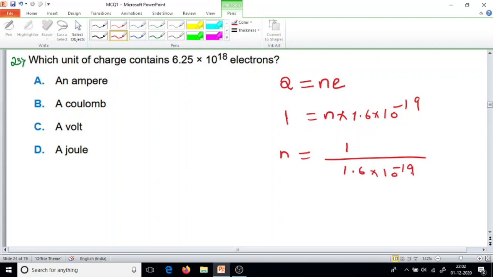If you divide this, it gives 6.25 multiplied by 10 to the power 18 electrons. So 1 coulomb of charge contains 6.25 into 10 to the power 18 electrons.